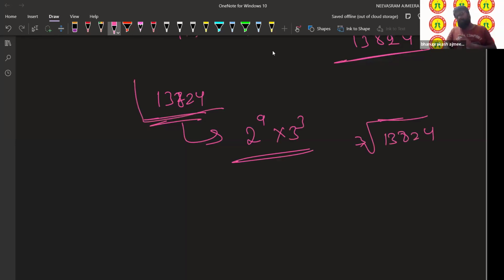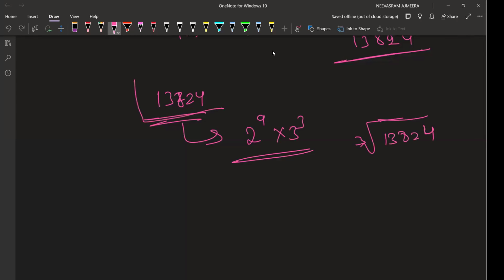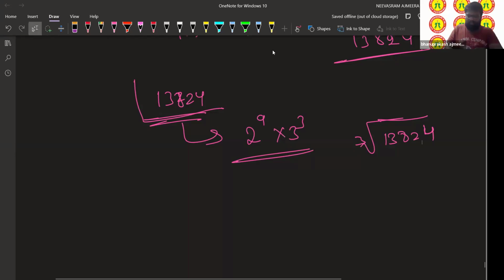Always remember, any unit number ending with 4 will be a cube of a number ending with 4. After prime factorization you will get 2 power 9 into 3 cube.